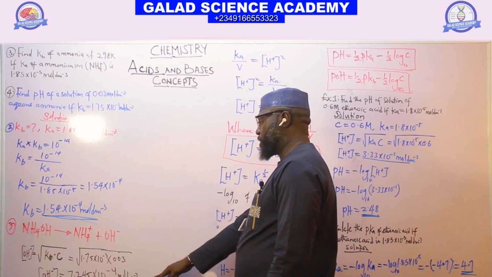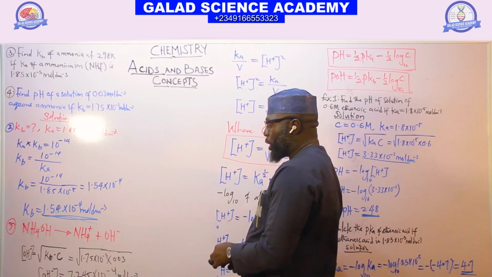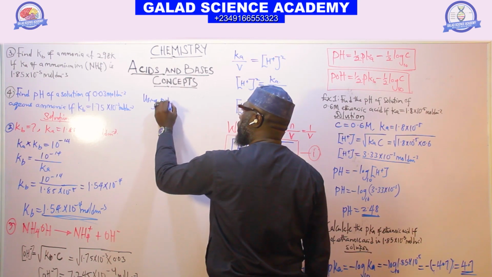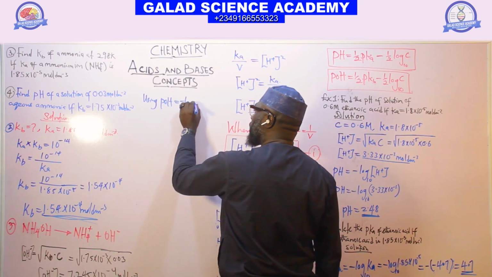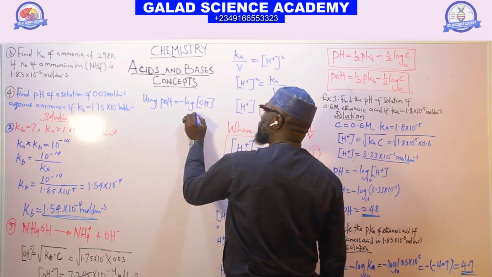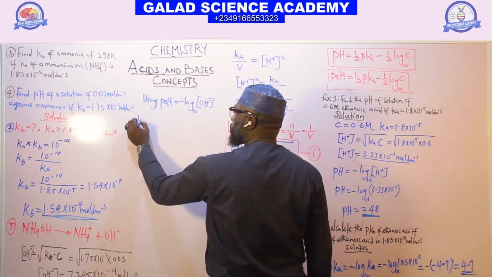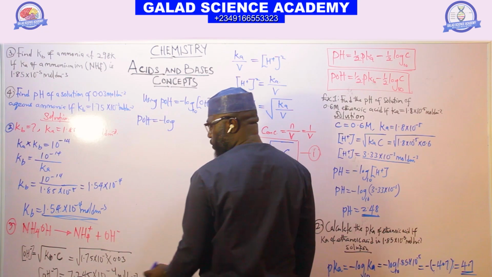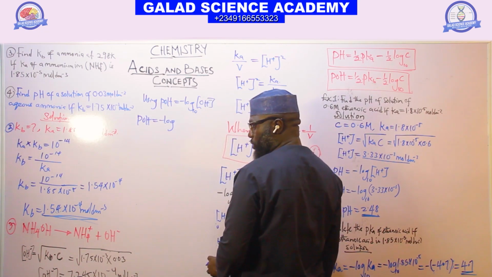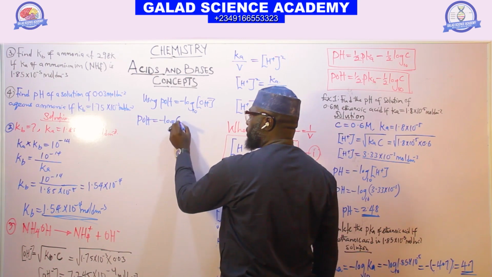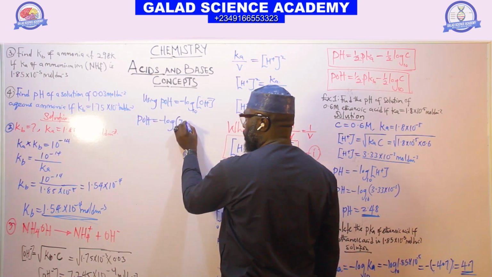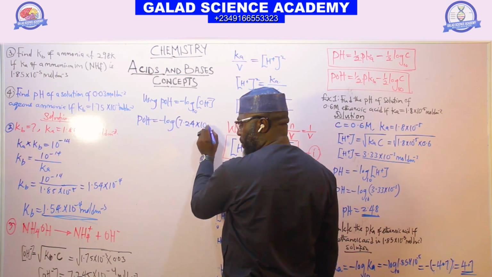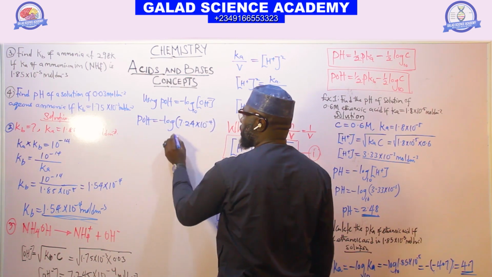The next thing we do is find the pH or pOH for this. Using pOH equals negative logarithm of OH minus to base 10, the pOH will now be the negative logarithm of the value you have there, which is 7.245 times 10 raised to the power minus 4, to base 10.